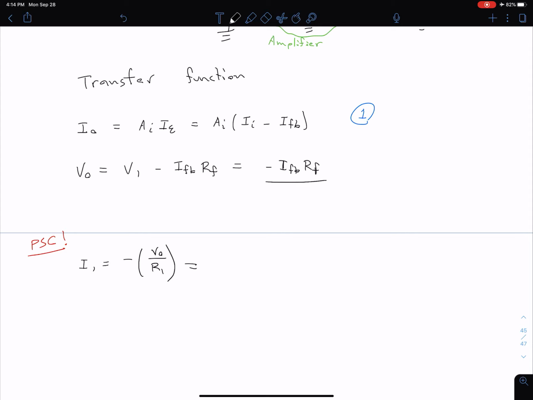We can say this is equal to negative 1 over R1 times V out, which is negative IFB times RF. And of course we can rearrange that a little bit. We can say this is IFB, we have those two negative signs canceling out, and then a ratio of resistors, RF over R1.